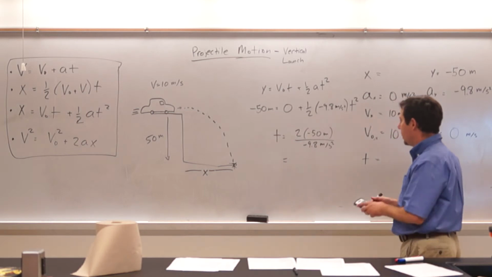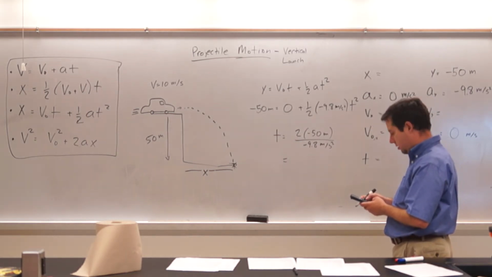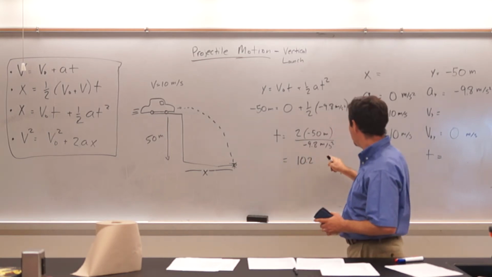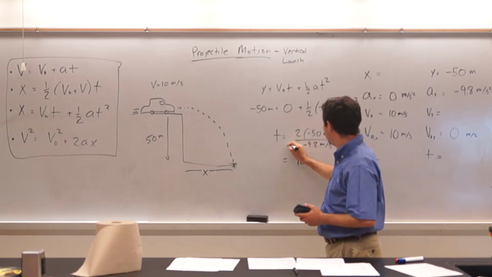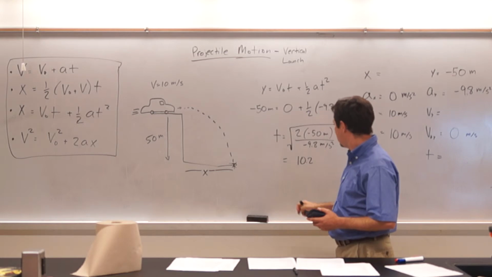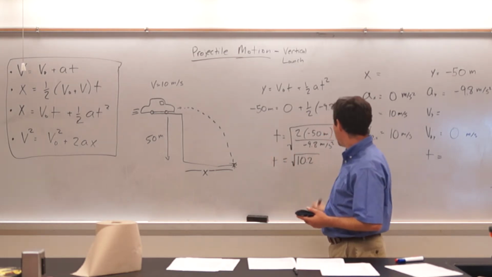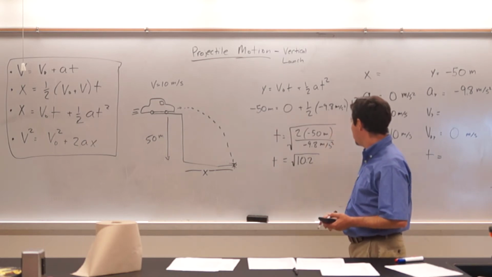You can put that into your calculator. It should be around 10, right? It's about 100 divided by 10. 10.2. And you notice that not only do the units work out, sorry, that should be t squared. So t is the square root of 10.2. Not only do the units work out, so this is why we look at units, because I realized that there was a square in there.